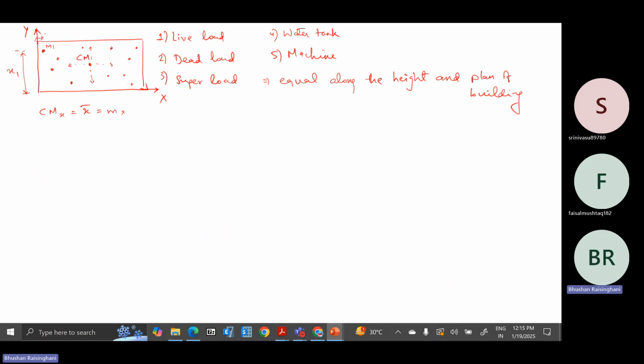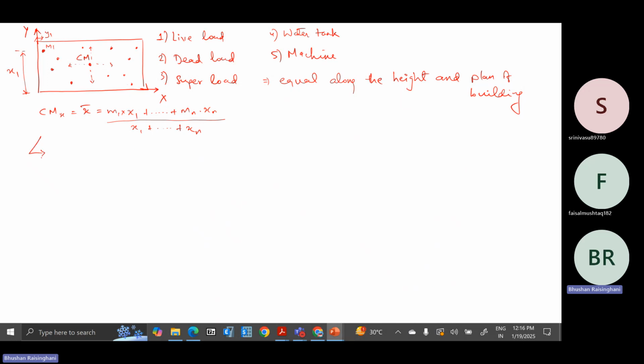This will be your y1. So now x1, y1, we have for this particular mass. So m1 into x1 plus dot dot dot mn into xn. Now we have to divide it by the total mass, m1 to mn. This will give you the center of mass for all these things.